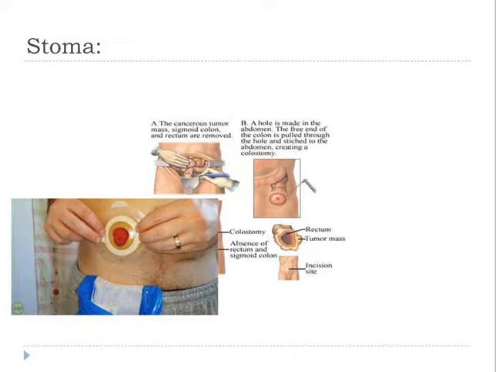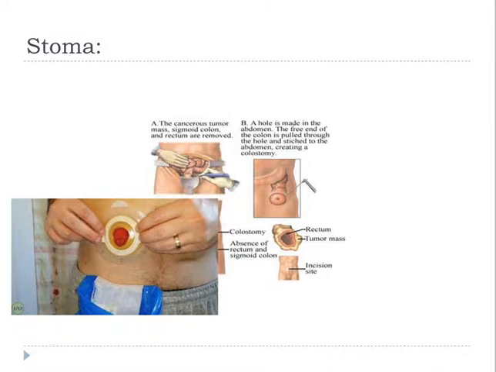So, for example, if it's part of the ascending colon, the output will be very liquidy. If it's part of the transverse colon, it'll be more pasty. And then if it's part of the descending colon, it will be more solid and more like what we normally see, or what the patient is used to producing.